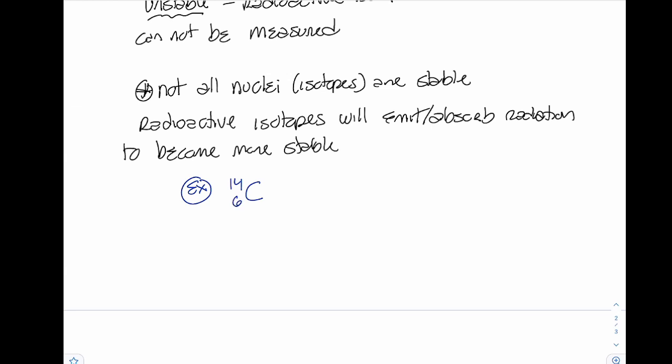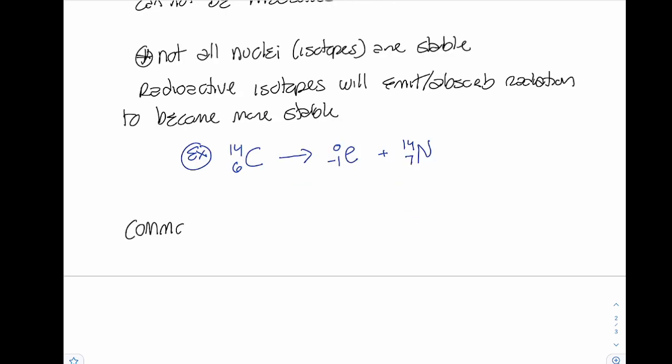I'm going to put my atomic number here, and what it's going to do is emit a beta particle, and we'll make a list of all types of radiation, and actually form nitrogen. Nitrogen-14 is relatively stable.